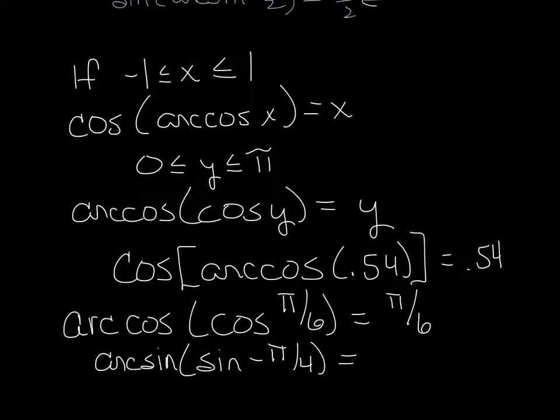It's going to be negative pi over 4 because that does lie between negative pi over 2 and pi over 2. Is that making sense, Max? Okay, we have to keep in mind what those restrictions were. So let's look finally at the tangent.